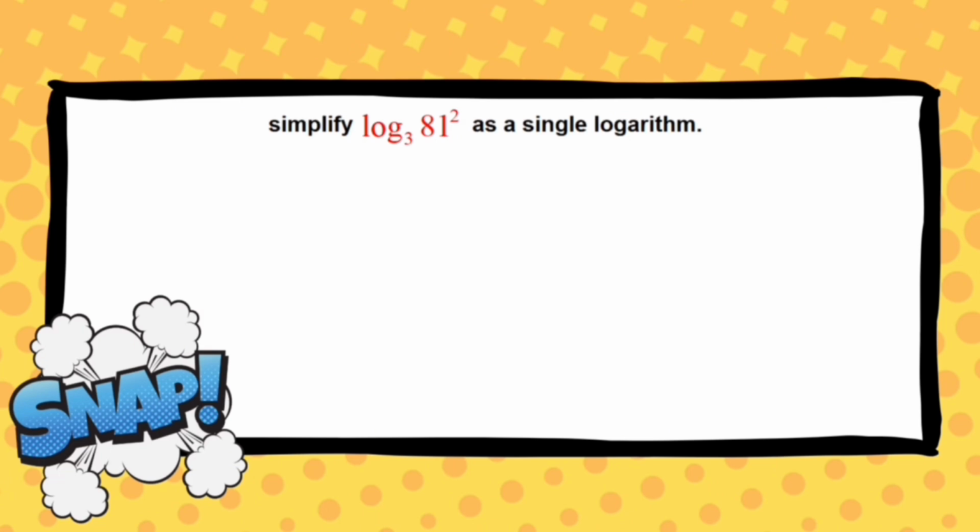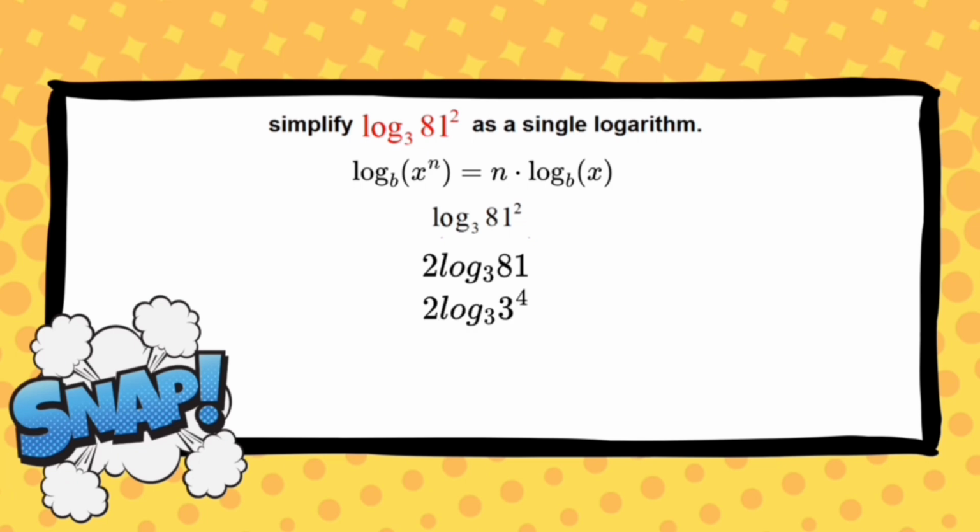Using the power rule formula, log of 81 raised to 2 with base 3 is equal to 2 times log of 81 base 3. Now we know that 81 can be written as a power of 3. So 81 will become 3 raised to 4. Why? Because 3 times 3 times 3 times 3 is equal to 81.